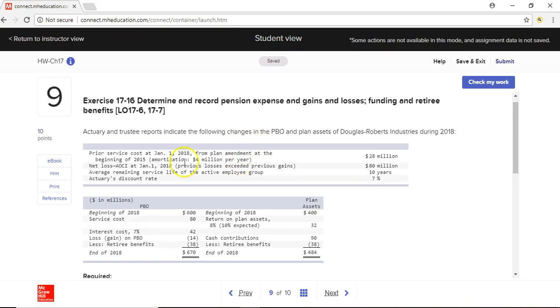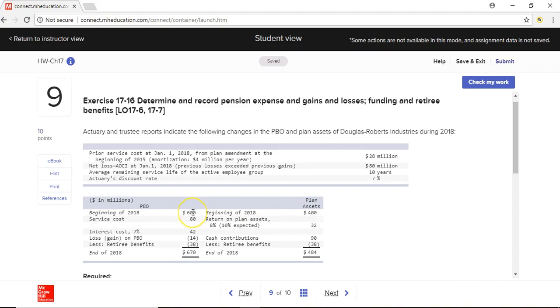And then we need to amortize net gains or losses stored in AOCI. At the beginning of the year, there was a net loss in AOCI of $80 million. When we amortize it, the SEC and FASB allow the company to amortize only the portion exceeding the corridor. What is the corridor? The higher of 10% of plan obligation or plan assets.